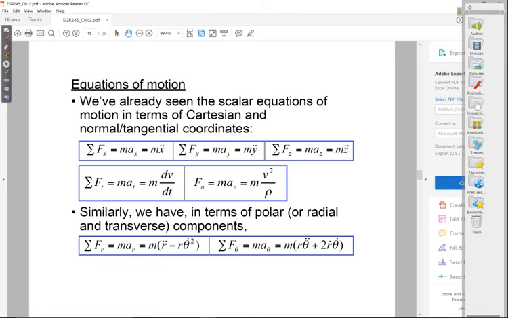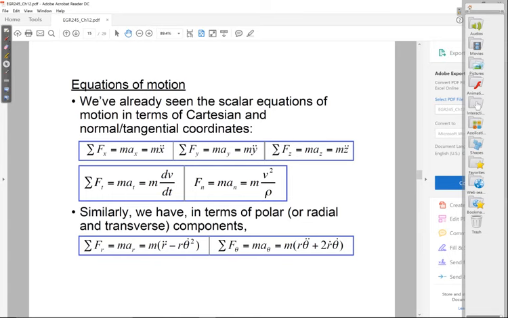You sum up all the forces in the radial direction, and that should be equal to mass times acceleration in the radial direction, where acceleration in the radial direction, if you recall, is equal to r double dot minus r theta dot squared. And then in the transverse direction, it's mass times acceleration in the theta direction, or the transverse direction, which of course was r theta double dot plus 2 times r dot theta dot.